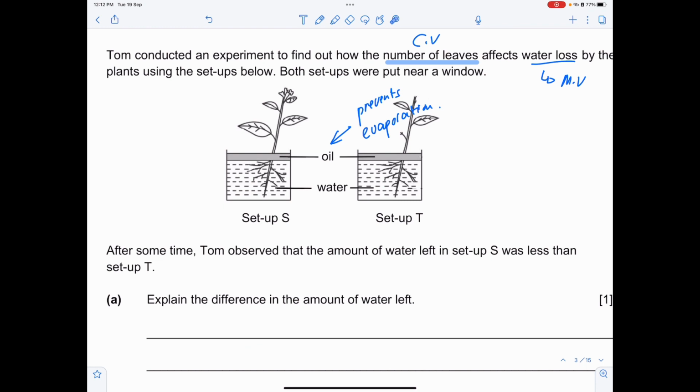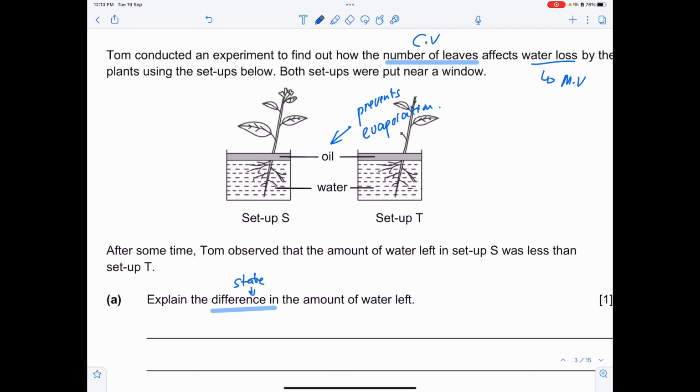Function number two, it is to carry out gaseous exchange via your stomata or tiny openings. Now this gaseous exchange, don't forget, you also have water vapor being lost, or water loss in the form of water vapor. So probably that is the key idea. So they ask you to explain the difference. Whenever they ask you to explain the difference, you have to state the difference.